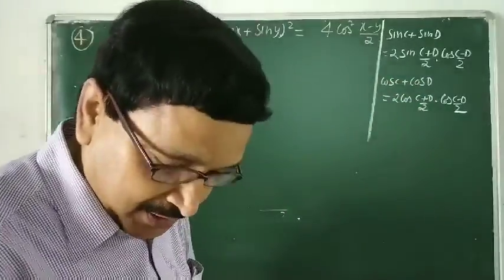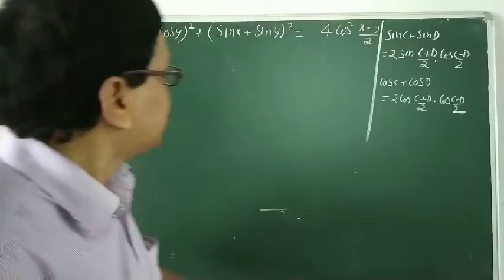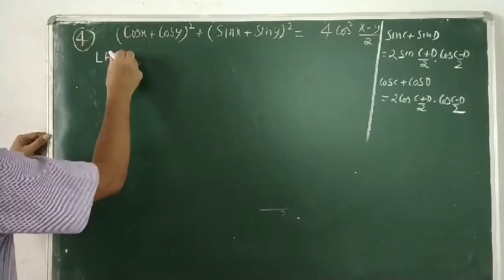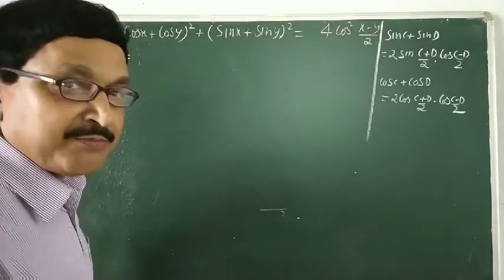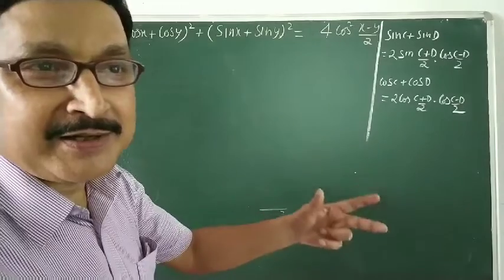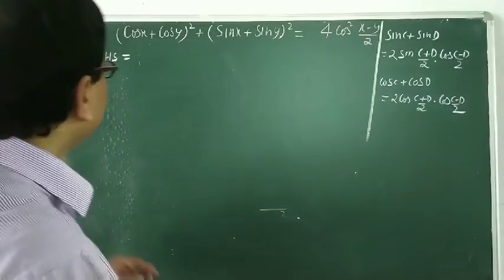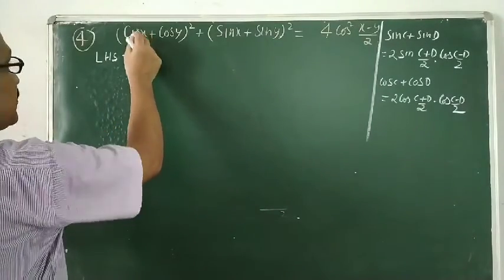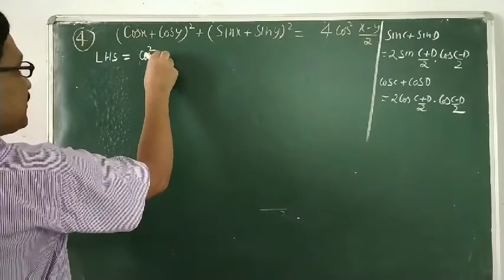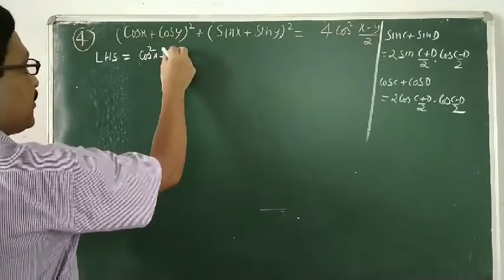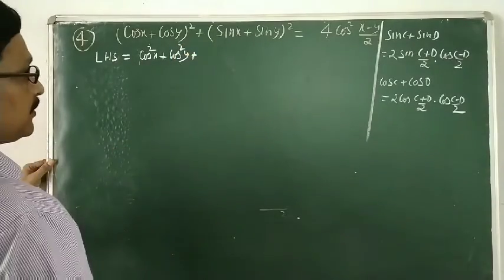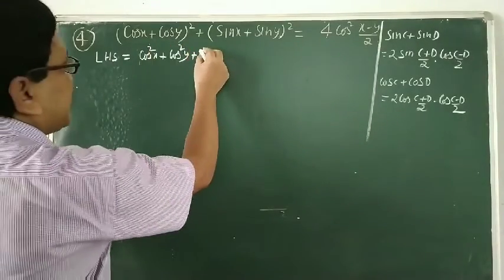You know from class 10. So just the LHS, without using the formula, I am trying to answer the question on the basis of class 7, 8, 9, 10 experience. Now, the LHS is cos whole square: cos square x plus cos square y plus 2 cos x cos y.